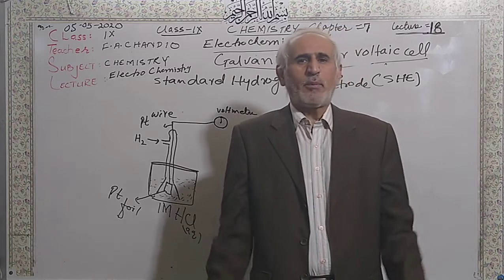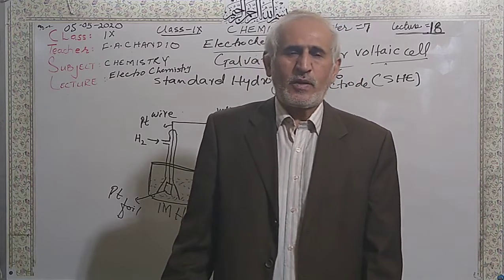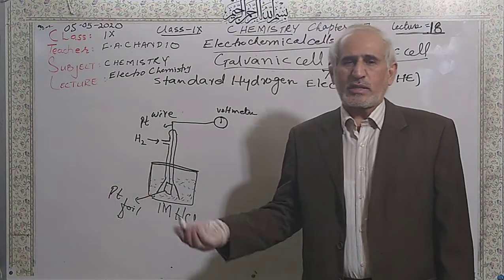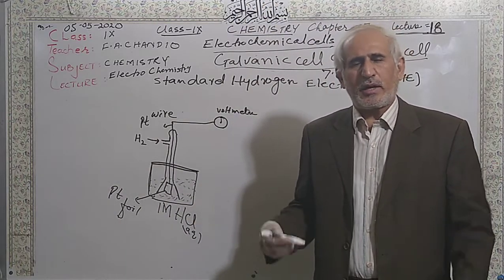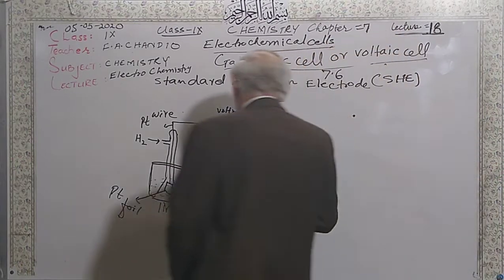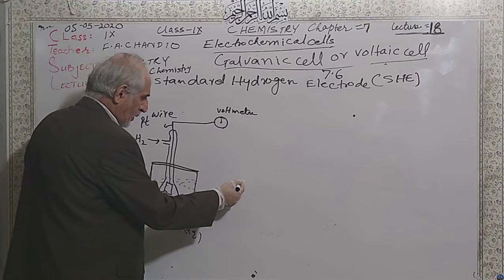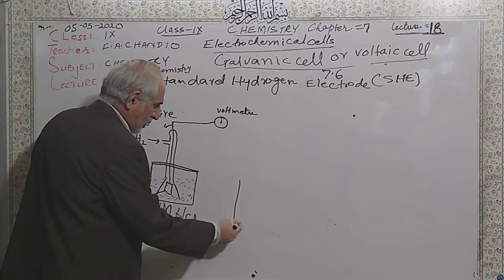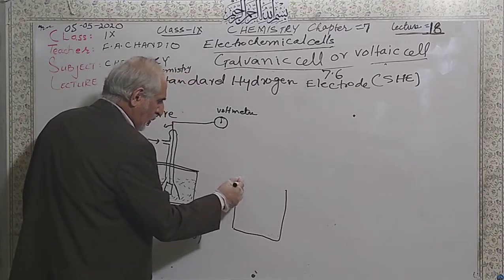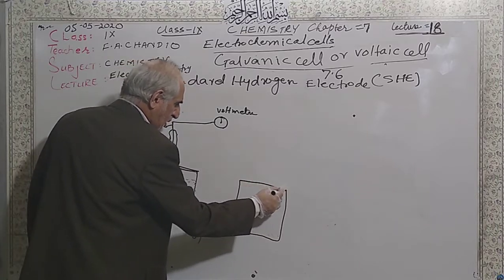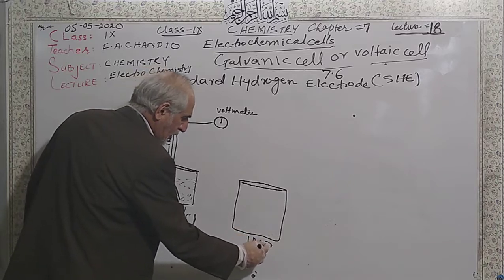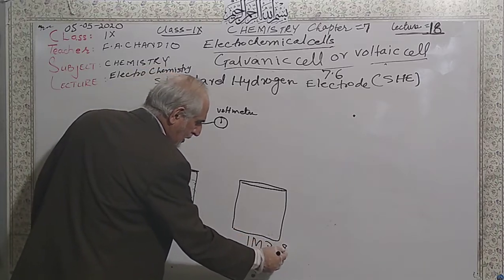Then you will be able to calculate the half cell electrode potential for copper, zinc, silver, and iron, and I am going to explain how. So this side, suppose according to your book, is going to be 1 molar solution of zinc sulfate.